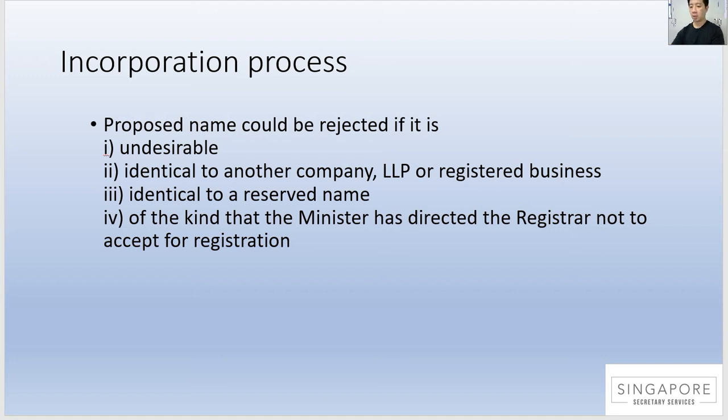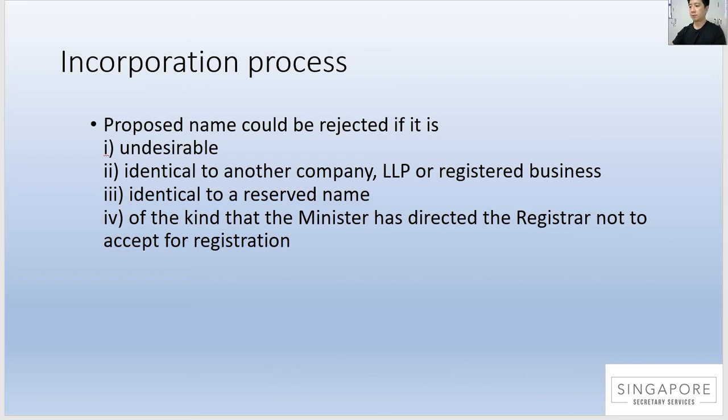One thing to take note of is that even if you are able to register the proposed name and incorporate the company with an obscene or undesirable word in the company name, it doesn't mean that your name will stay there all the time. There may be complaints made, and if complaints are made, the registrar can come back to you and tell you that you have to change your company name.